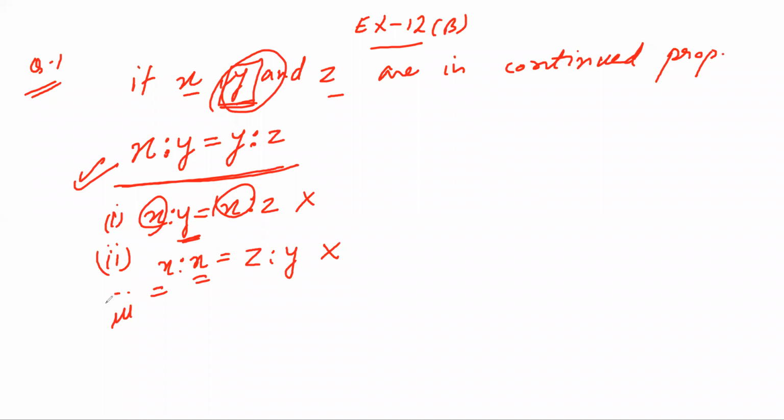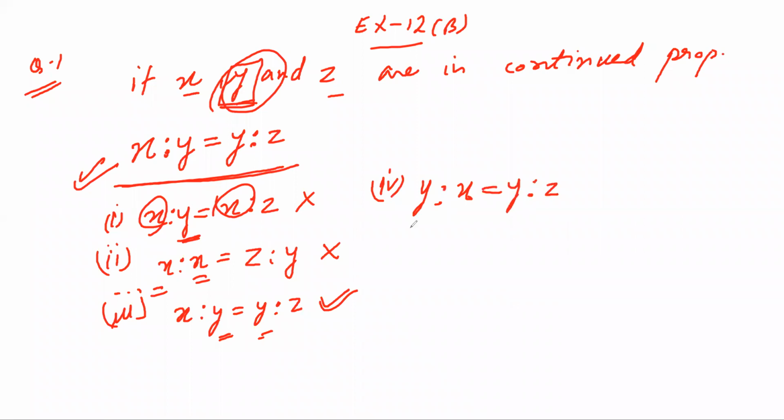Now let us see the third option: x ratio y is equal to y ratio z. I would say this is correct because y is being repeated 2 times. The middle term should be repeated. And the fourth option: y ratio x is equal to y ratio z.